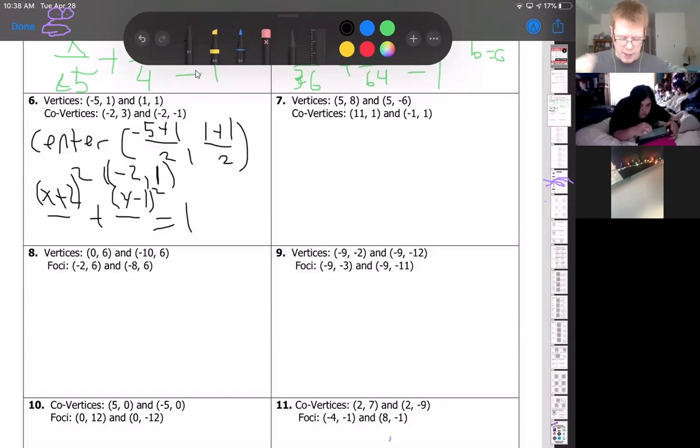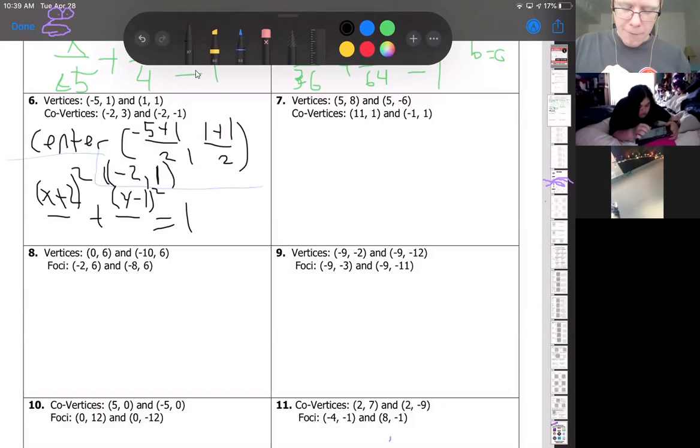And then now we got to figure out what our a and b will be. So right now I have x plus 2 squared, I don't know my denominator, and I have y minus 1 squared, I don't know my denominator. So to get your a and your b where your center isn't 0, 0, you got to figure out how far was your vertices from your center and how far were your co-vertices from your center.